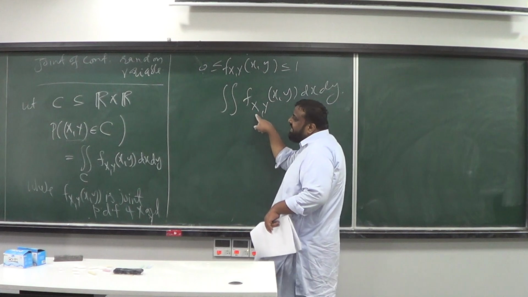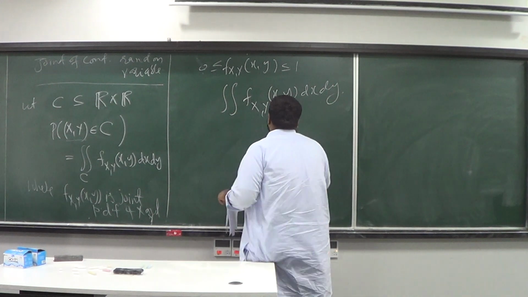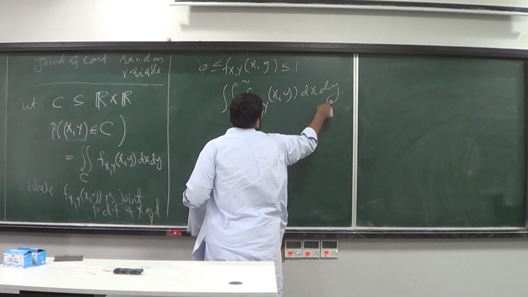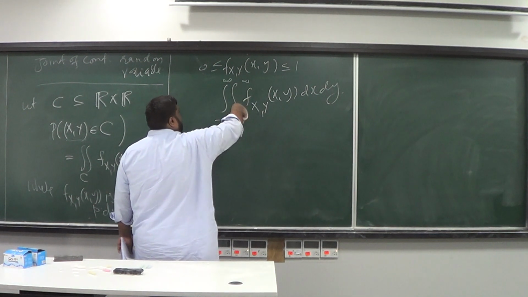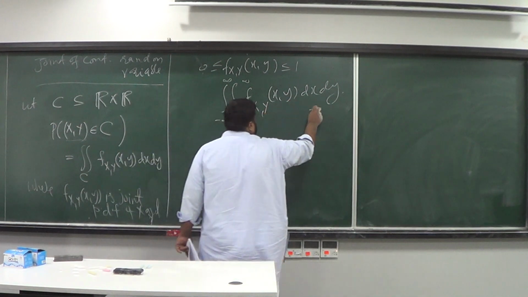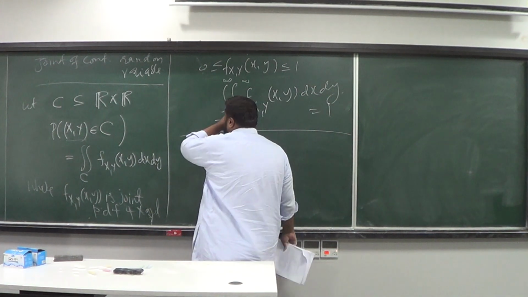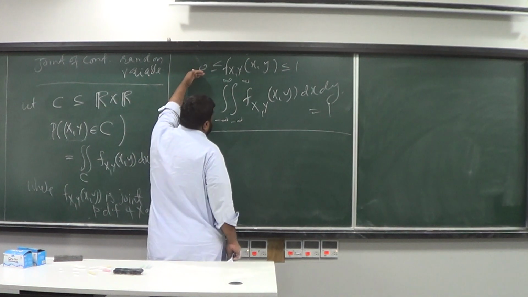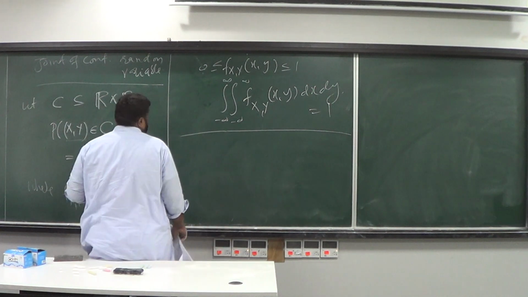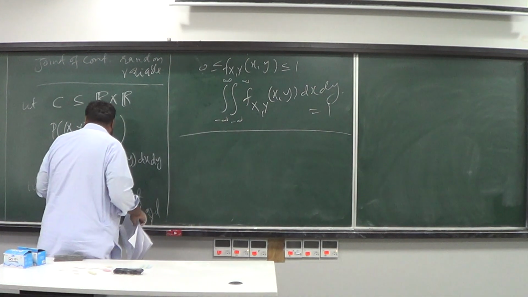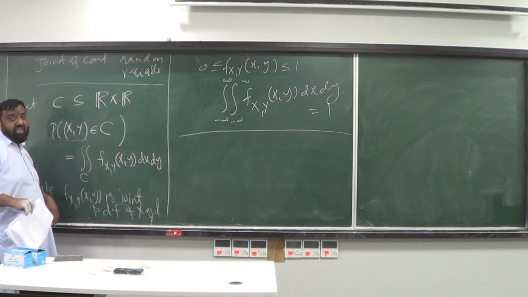Since x is a continuous random variable, it can take any value over R, so x goes from minus infinity to infinity, and so does y. If you integrate f(x, y) from minus infinity to infinity with respect to x and y, it should give you 1. If you have a function that satisfies these two properties, then you call it the continuous joint PDF of x and y, or the PDF of the random vector (x, y).